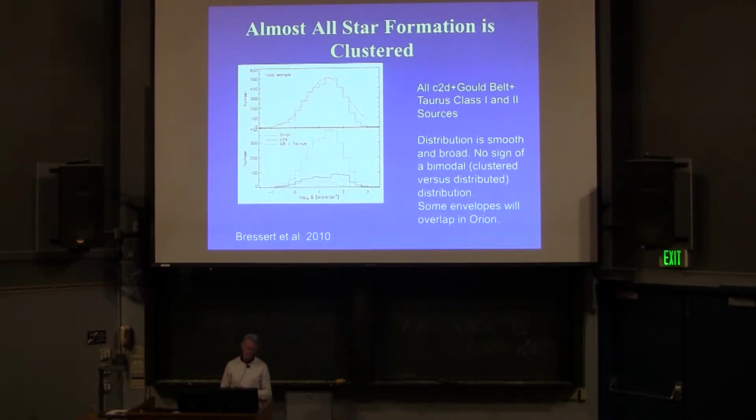And if you look at these distributions of surface densities, you don't see anything that looks bimodal. It's just a broad distribution of possible surface densities. So the way we think about it now is that almost all star formation is clustered. It's just a matter of how clustered. And one of the relevant markers there would be, do you get interaction before you collapse, or do you collapse before you would interact?